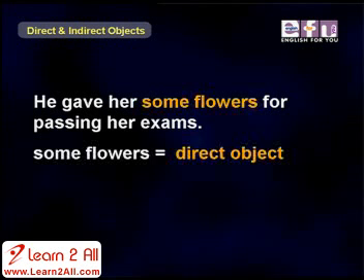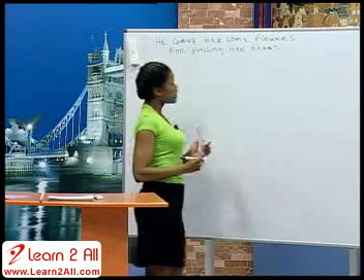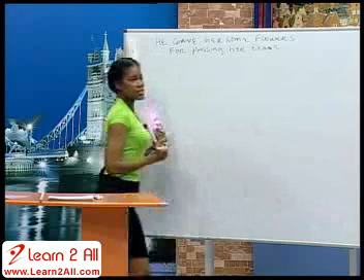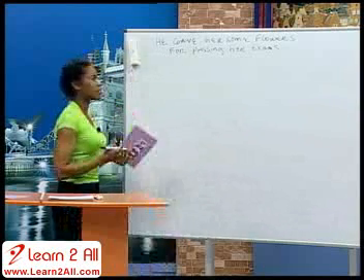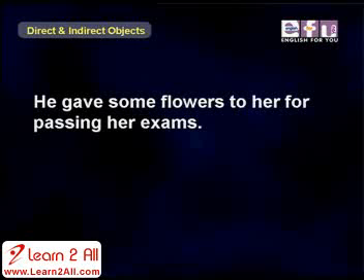Some flowers is the direct object and the indirect object is her. Good. And how do we say the sentence if we change the positions of the direct and indirect objects? He gave some flowers to her for passing her exams. Good.